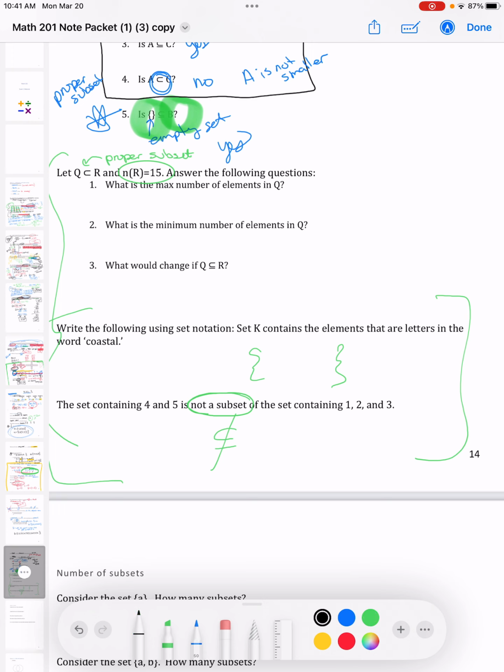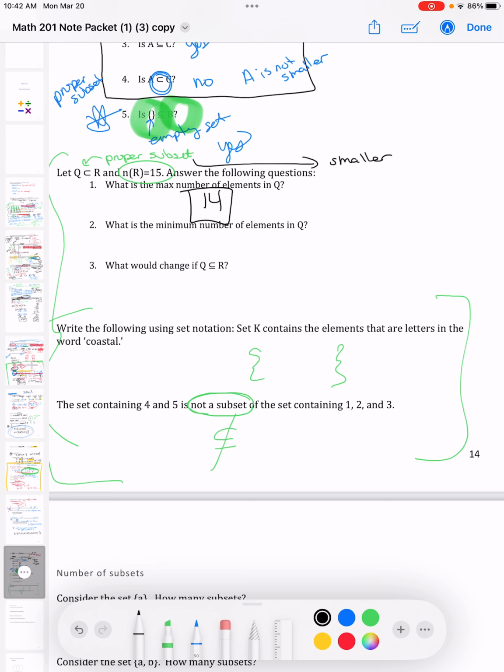Let's see how you did. To be a proper subset, you have to be smaller. That's by the definition. So we cannot have 15. We have to be a little bit smaller. So the highest number is 14. Now, I'm not saying we have 14, but that's just the most we possibly could have. We can't have 15 because we have to be smaller than the number 15.